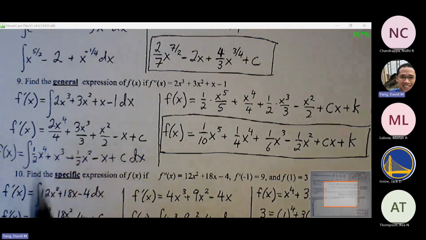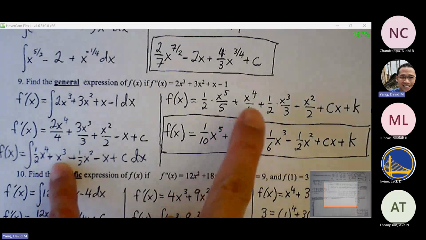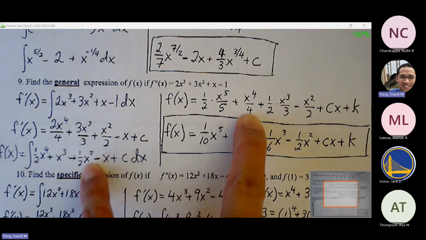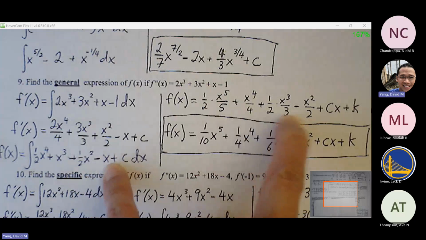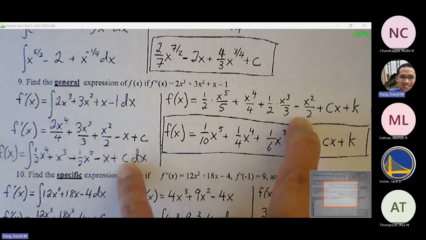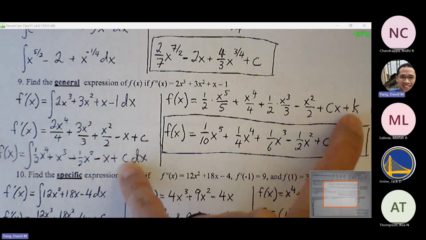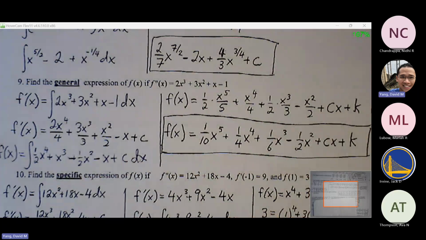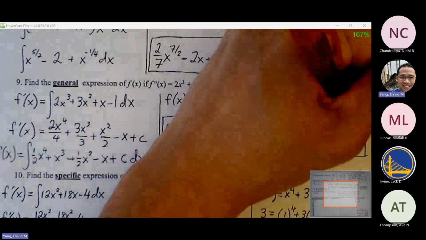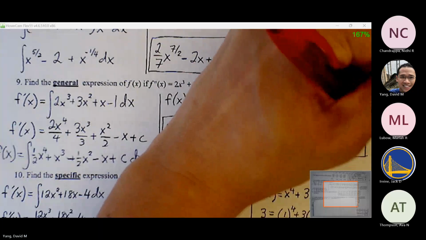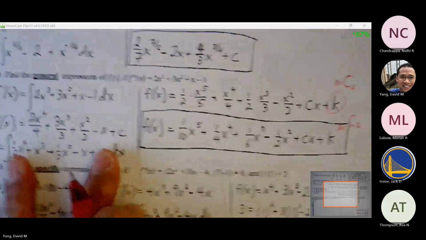X to the 4th becomes x to the 5th over 5. X cubed becomes x to the 4th over 4. 1/2 x squared becomes 1/2 times x cubed over 3. X becomes x squared over 2. C becomes cx, and then it's going to produce its own constant as well, plus k, or you can say c sub 2. And just clean that up.